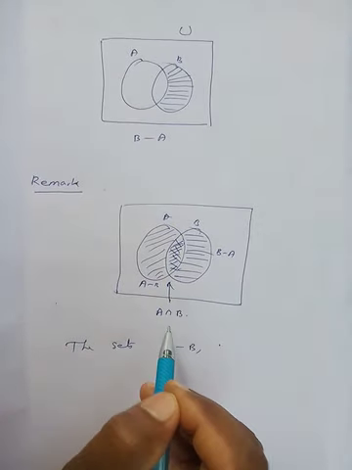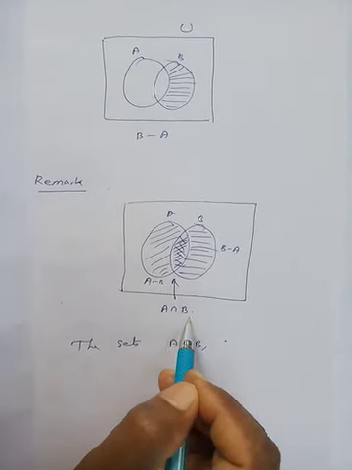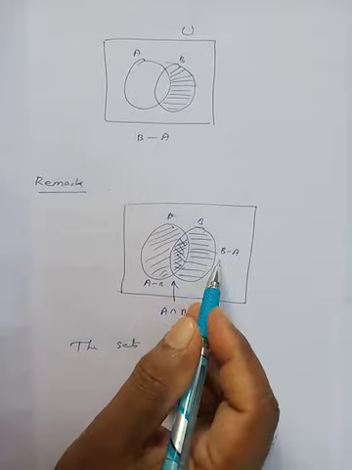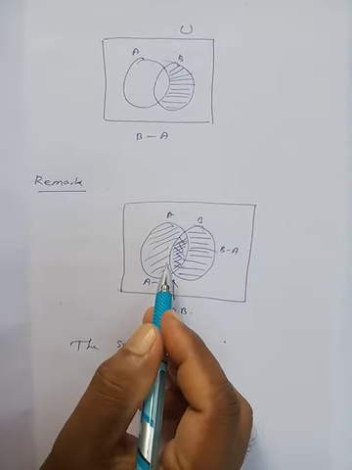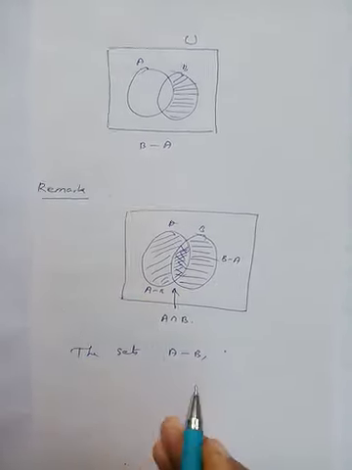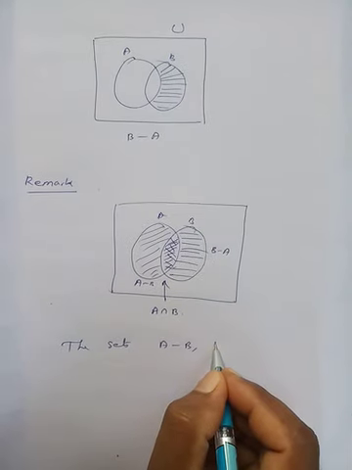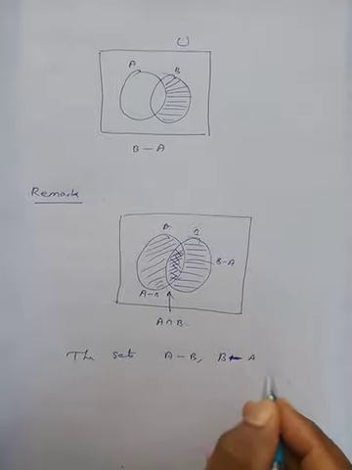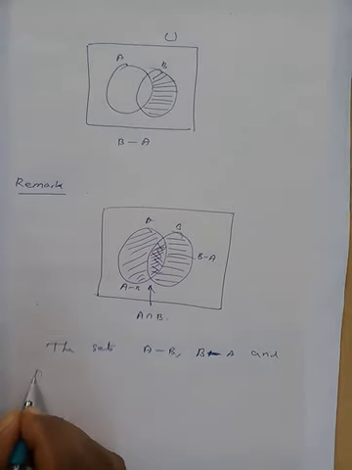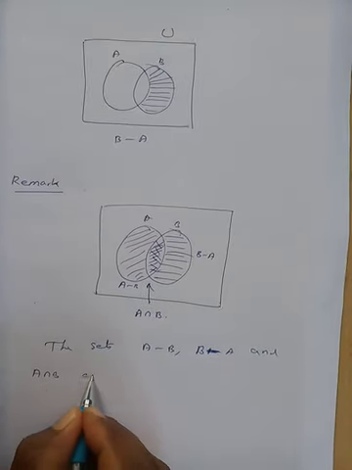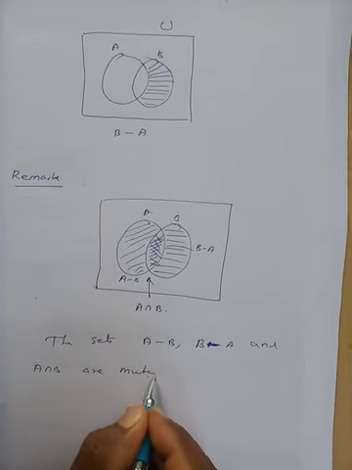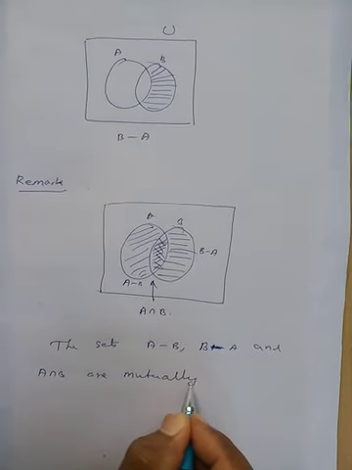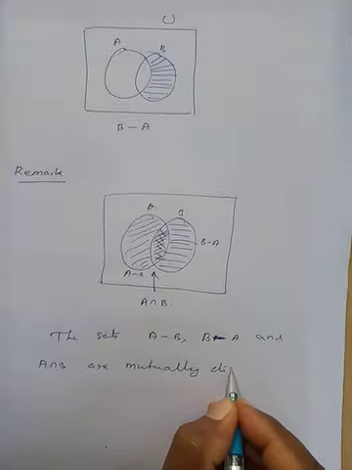And also comparing A intersection B with the other two, A difference B and B minus A, no common region. So these three are called disjoint sets. A difference B, B difference A and A intersection B are mutually disjoint sets.